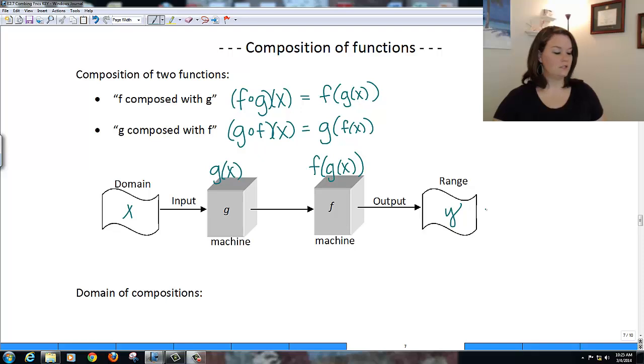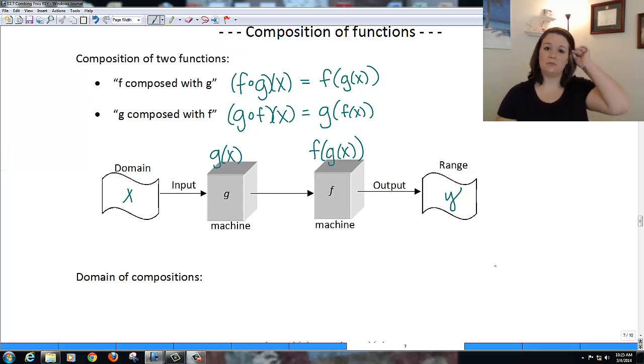When we look at the domain of these compositions, this changes a little bit. Just like before, I need to identify the domain of my f function and the domain of my g function. Whichever one is the outside function, that's the domain I worry about last. I always start with my input function, because what I can put into that function is my starting domain, and then I modify it for the end result.